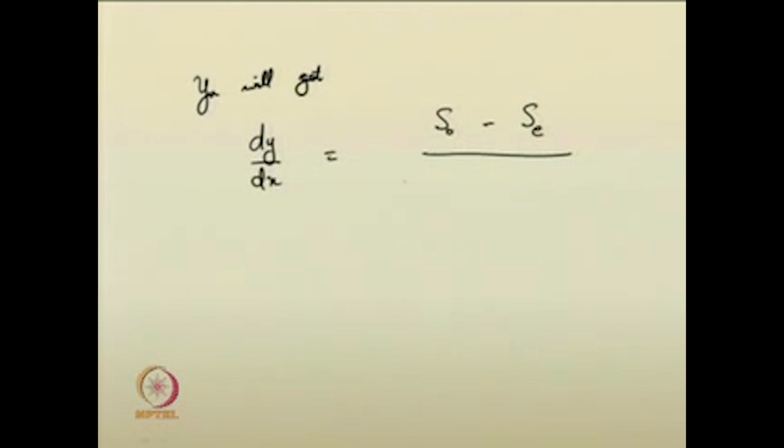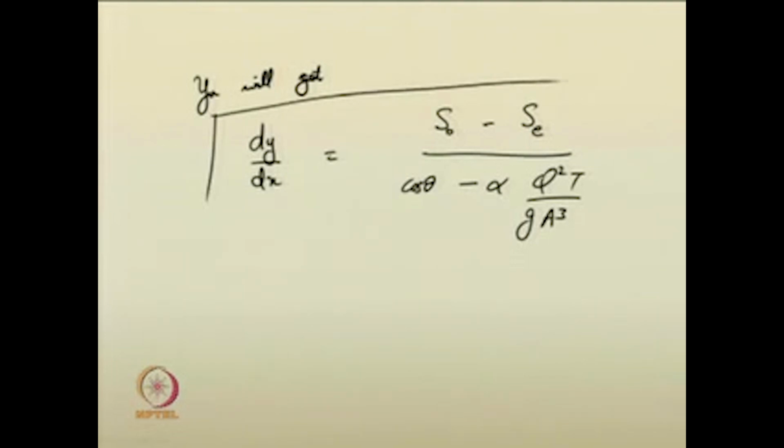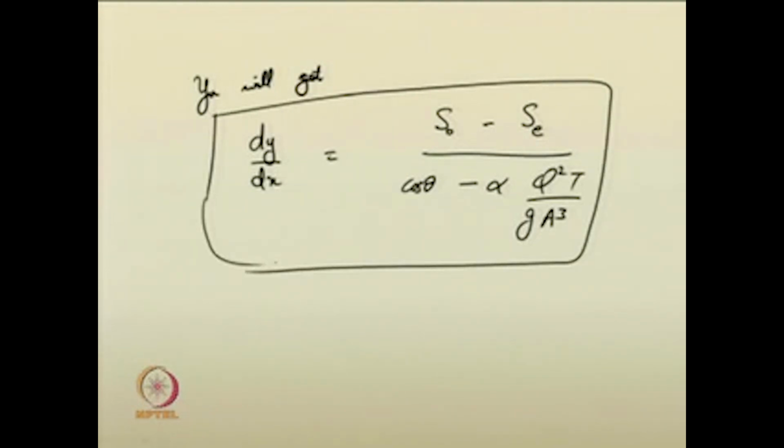You will get dy by dx is equal to S0 minus Se by cos theta minus alpha Q squared T by g A cube. So, again I got a gradually varied flow equation now using the energy equation. So, you can use both appropriately, according to the circumstances you can use both the equations.